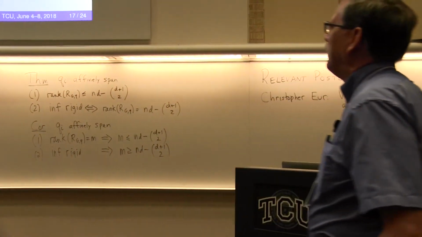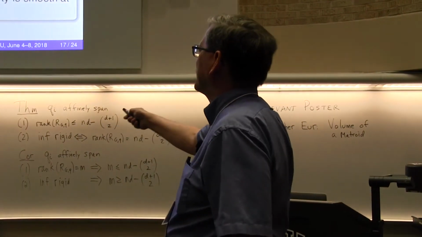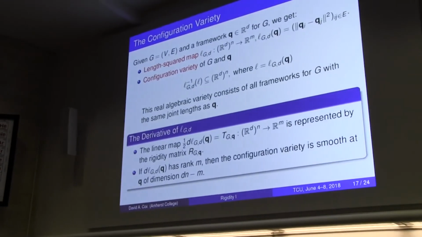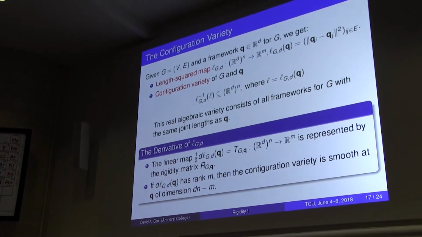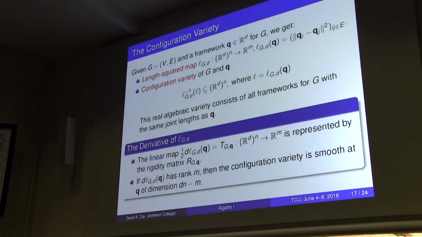But what's nice is when you take the derivative of this map and divide by 2, you get exactly the rigidity matrix. And so that shows that things interact pretty nicely. And then suppose that the rigidity matrix has rank n. So we've already seen that's interesting. If it has rank n, that means this guy has maximal rank.